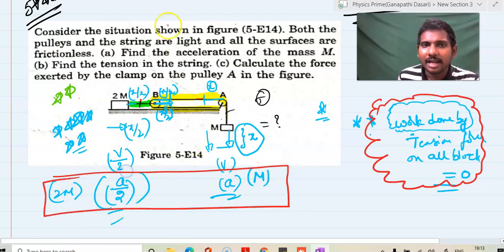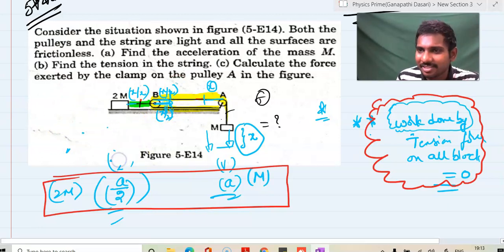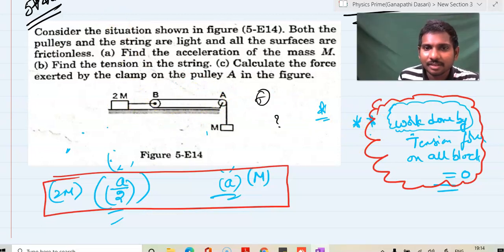I'll use the other technique now, which will be helpful. Instead of losing the string and then finding the relation, the technique which I am going to teach here will definitely be useful, and you can relate both things very easily.